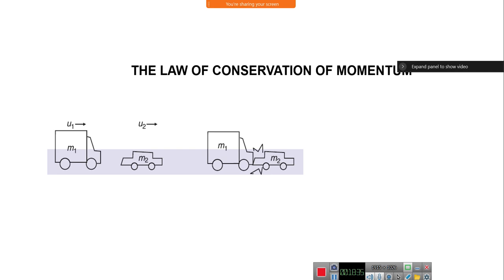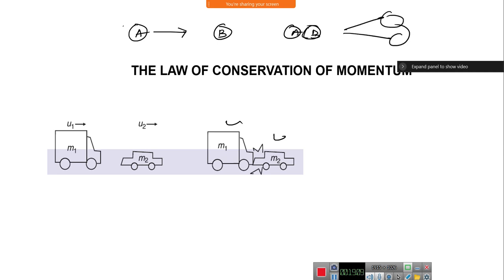Now what happened here? There is a collision. There is an accident that takes place. And after the accident also, these vehicles will move, but they move with some other velocity. Let me repeat. After the collision, still they will move, just like a ball which is moving here hits another ball, ball A and ball B, they collide, and still they move in different velocities.